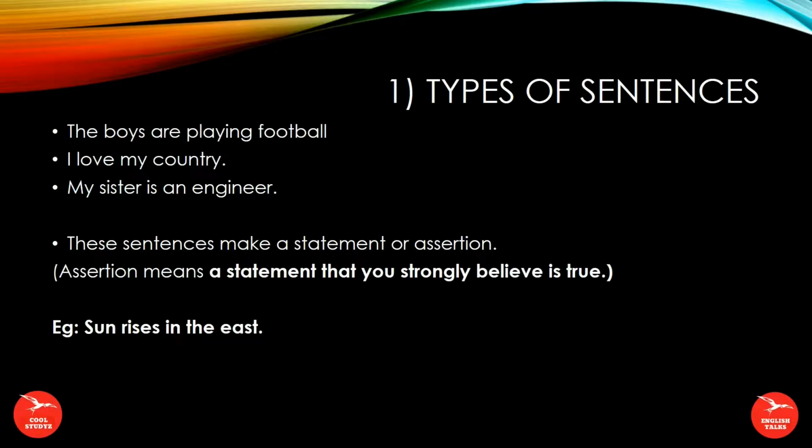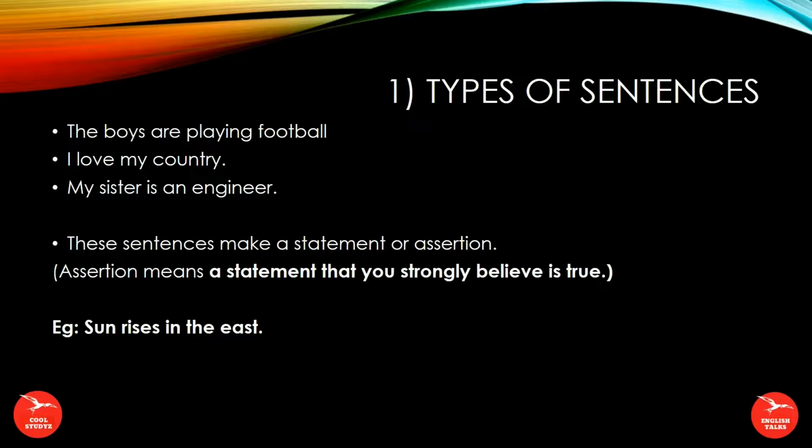These sentences make a statement or assertion. So, it's just a normal statement. Nobody is expecting an answer, just when they listen to these sentences. It's nothing but just an assertion or a statement, right? You know what exactly this assertion means? Assertion means a statement that you strongly believe is true. Sun rises in the east.